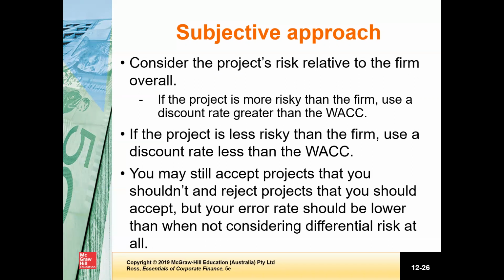Moderate risk doesn't require any adjustment. Low risk is adjusted down by 4%, so the discount rate is 10%, and so on. The point I'm trying to make is that in the subjective approach, the firm has a weighted average cost of capital, and each project the firm is considering will be classified as high, moderate, or low risk, and then its cost of capital will be adjusted to use an appropriate cost of capital for each project.